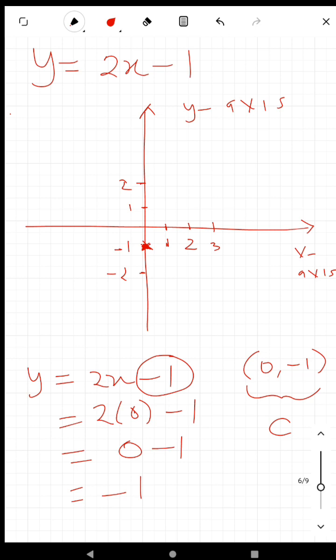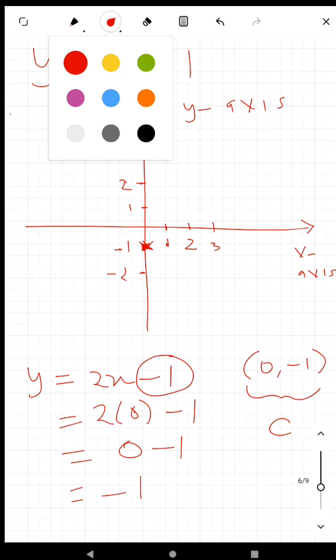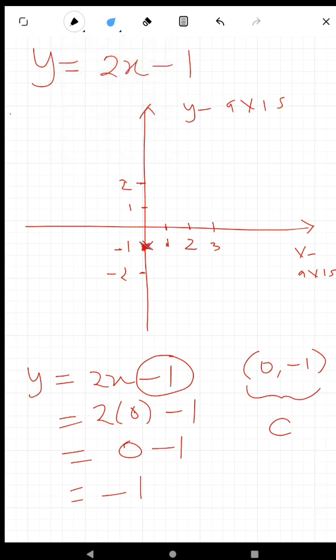That is the y-intercept. So I've put a dot here. Let me make it blue. So we have found one point. The first point, what did we do? We looked for where x is 0 and then the corresponding value of y, which we have as minus 1.